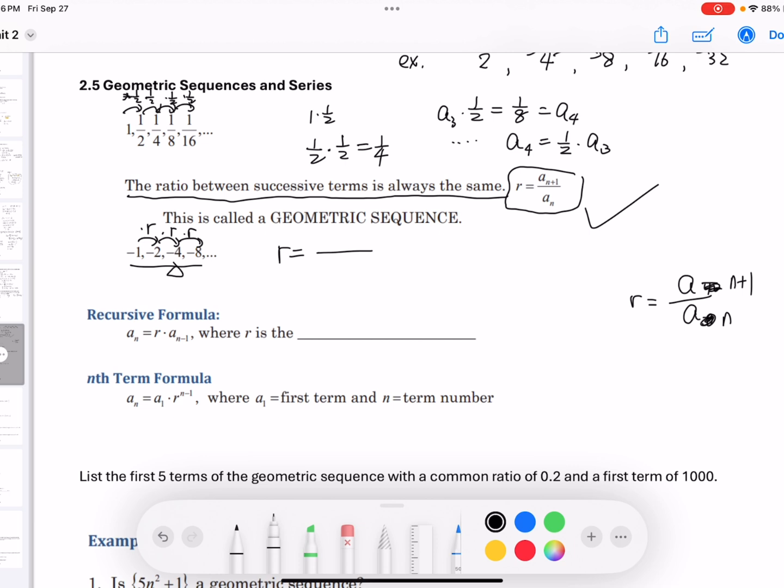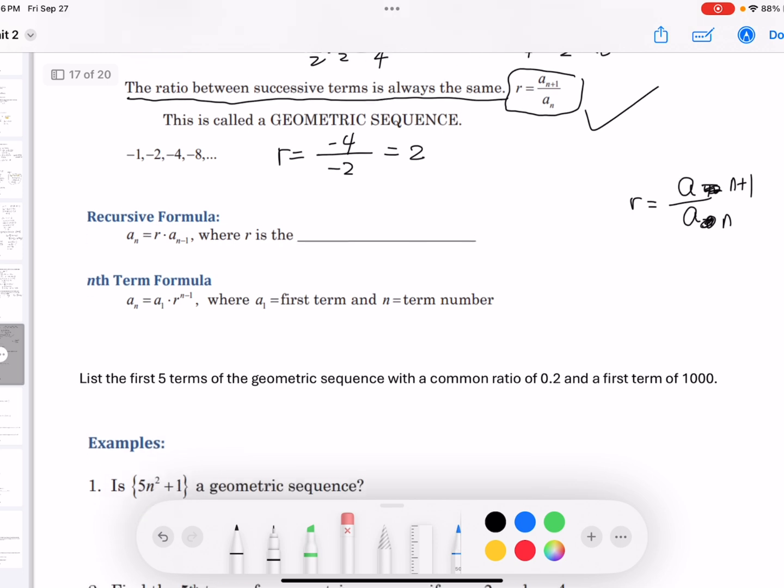For example, I picked -4 divided by its previous term, -2. It is positive 2. Yes, the R is 2. You can also prove it: use any term divided by its previous term, it is also 2.